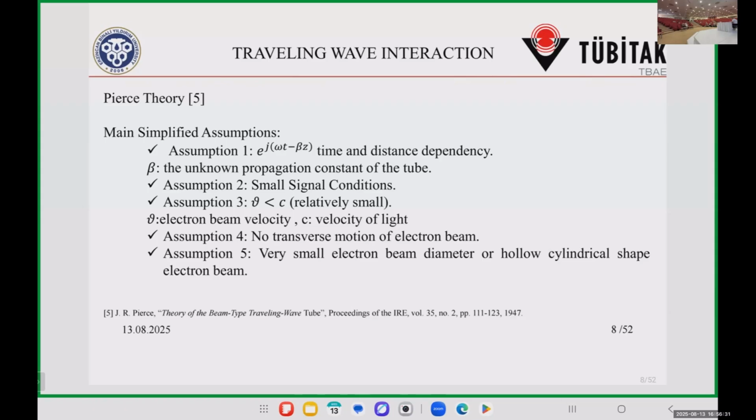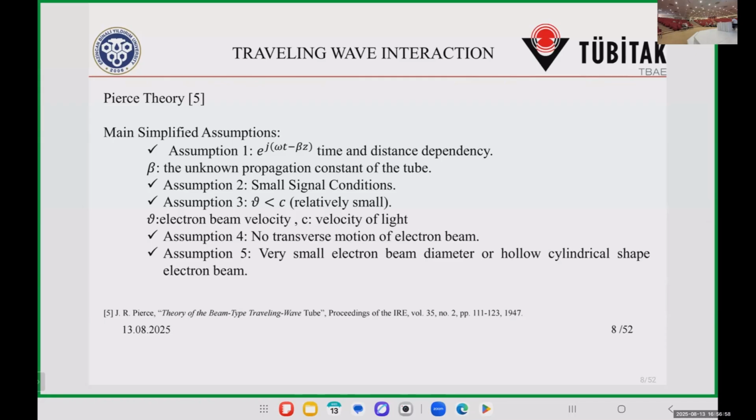Assumption 3, it's assumed that the velocity of the electron beam is relatively slow compared to the velocity of light. And assumption 4, no transverse motion of the electron beam occurs.